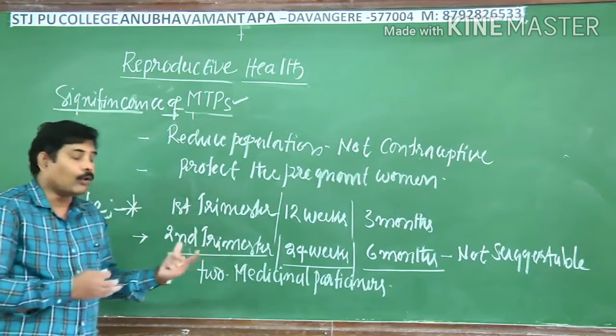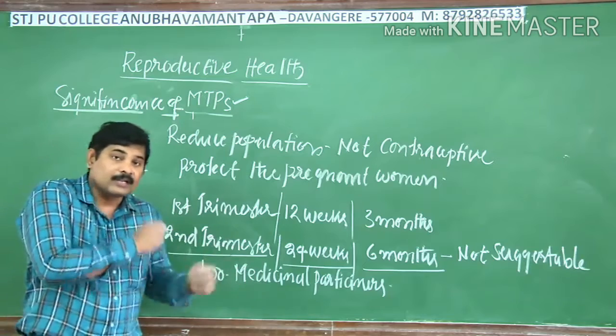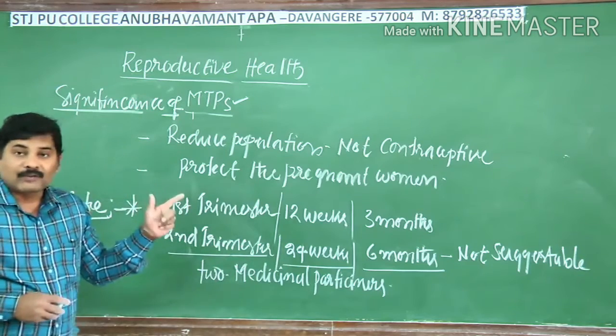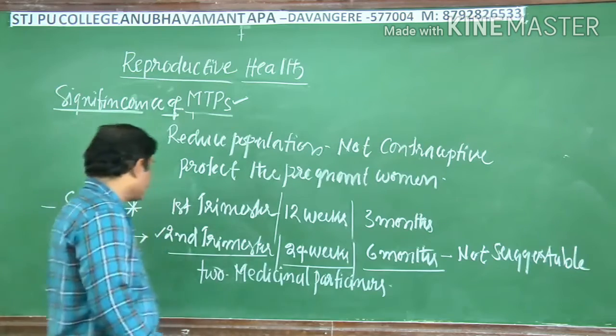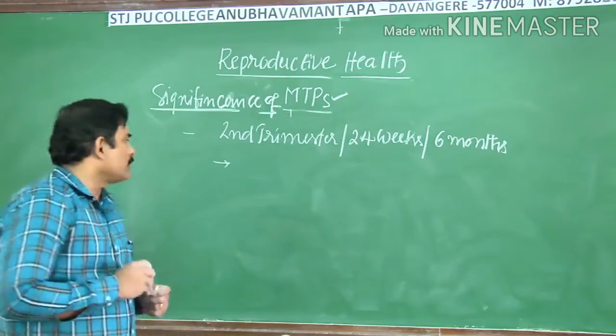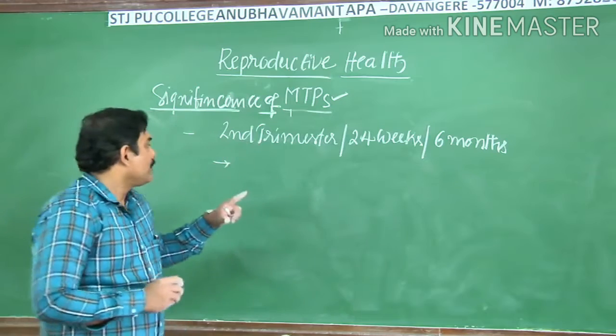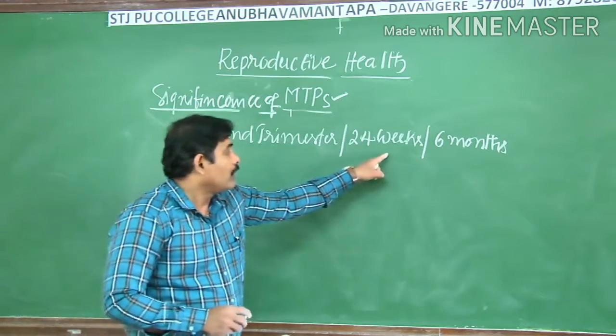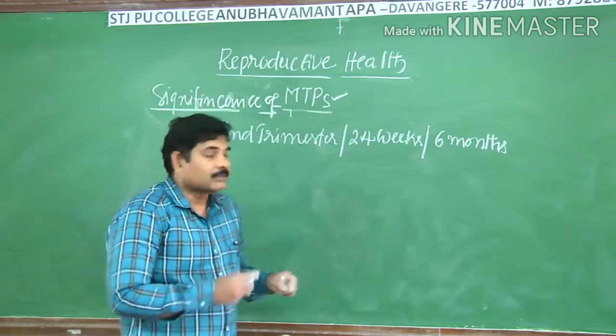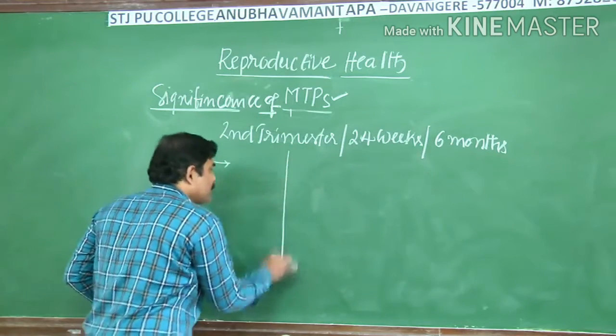In which situations or conditions do we go for termination of the pregnancy in the second trimester, or after 24 weeks? There are 2 important conditions.